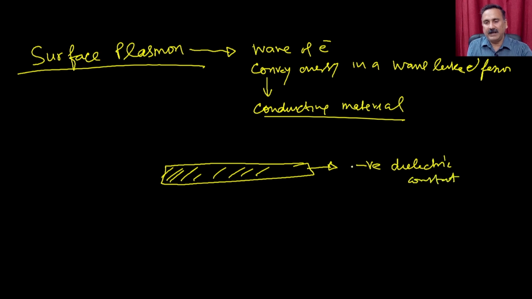Because of that, the top surface of the gold has electrons, and these electrons pass the energy from one electron to another electron, to a third electron, and that's how it forms a wave-like pattern. Because it is happening on the surface, it is called the surface plasmon.